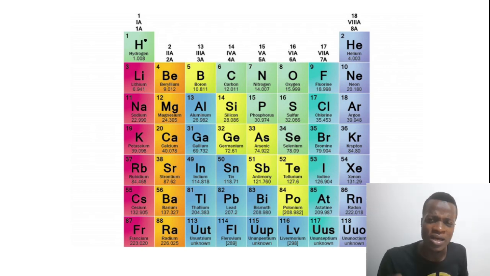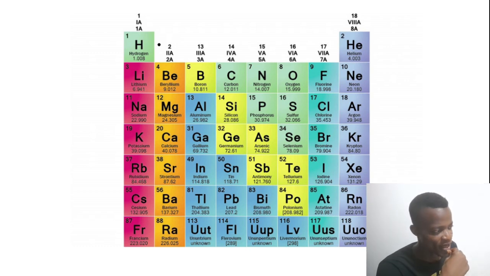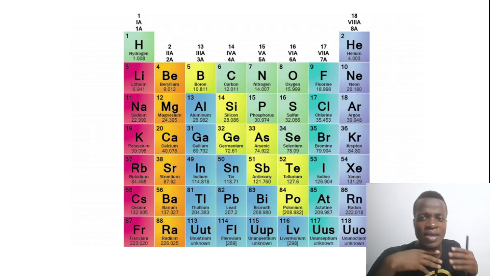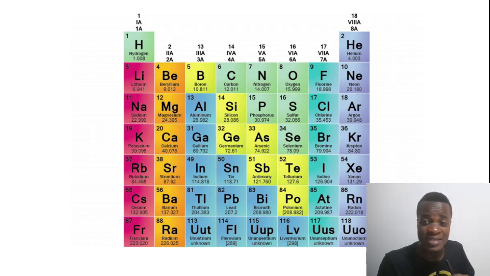Okay, so now let's look at something special about atoms. They all want to attain stability, right? Aside from those in period 1, that's hydrogen and helium, the rest are focused on trying to reach the octet rule, meaning that they want their valence shell to have a maximum of 8 electrons.